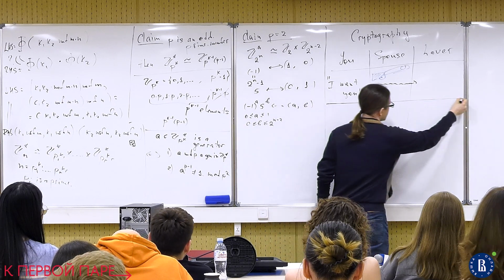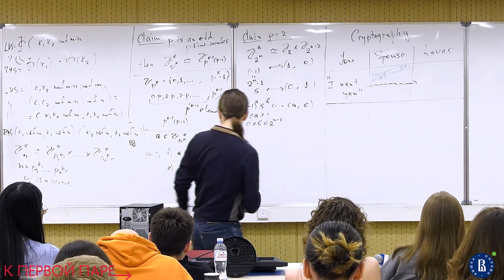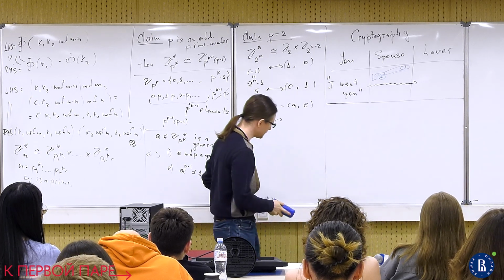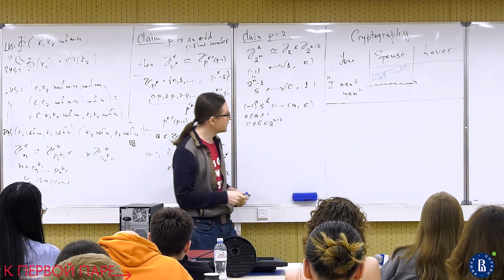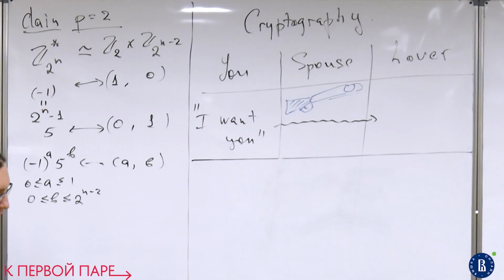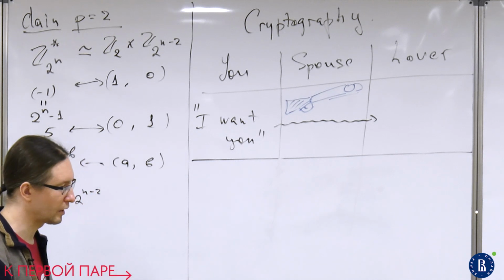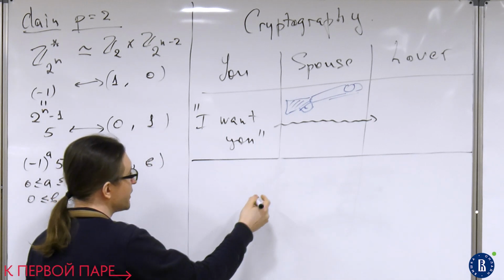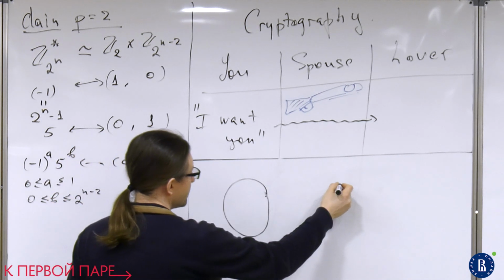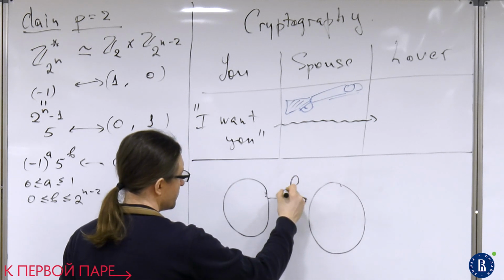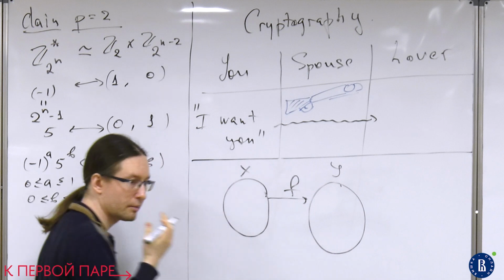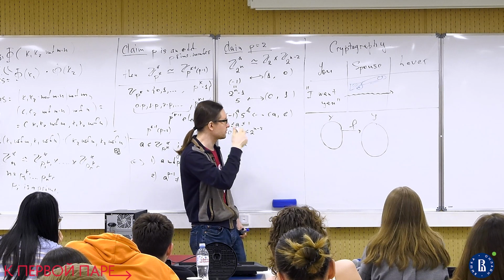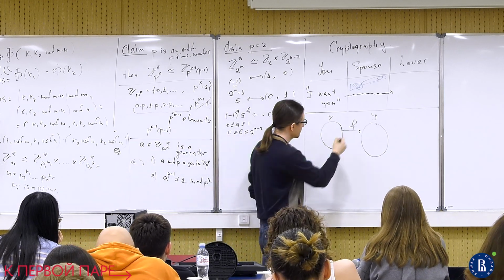And how to do this? Well, the idea of encryption and decryption is based on the following observation. It happens, it's just some occasional fact, no one knows why, that sometimes you have a map between 2 sets, X and Y. It could be a bijection, it doesn't matter currently, let's say it's a bijection.